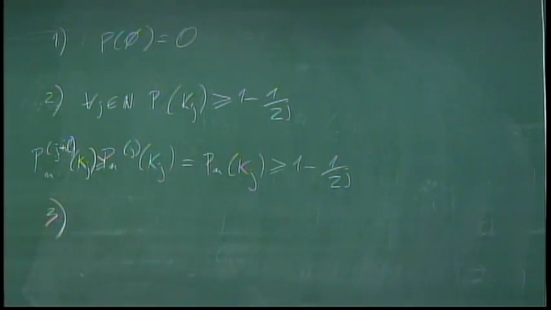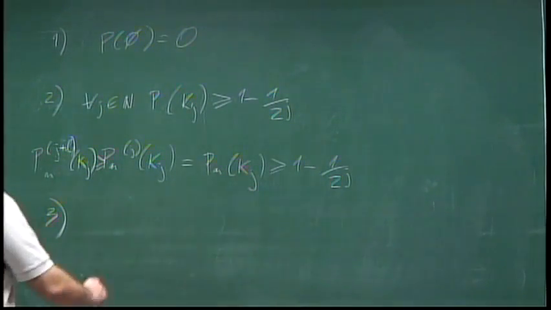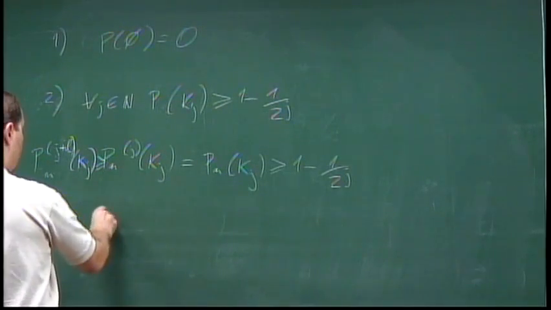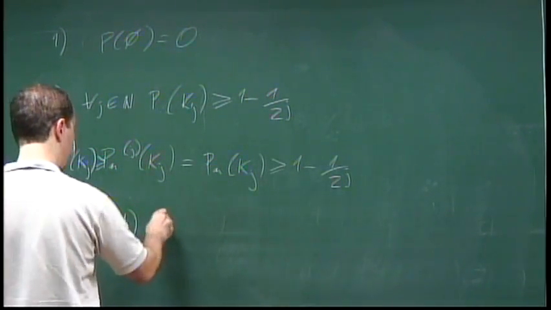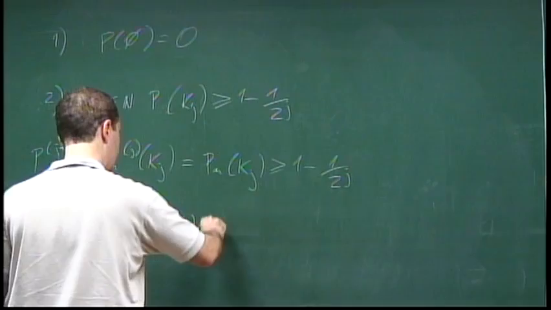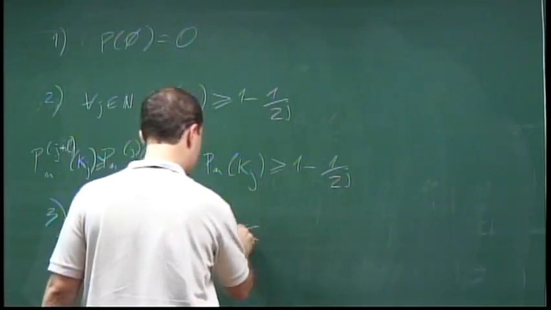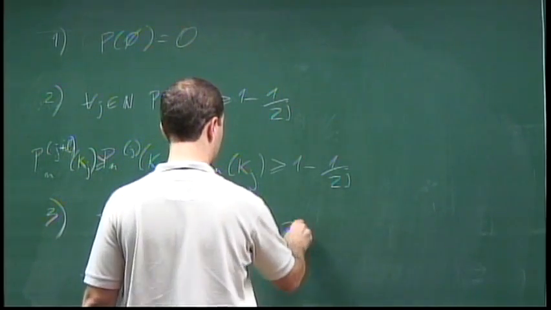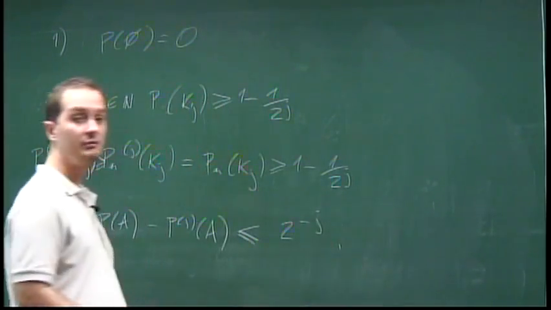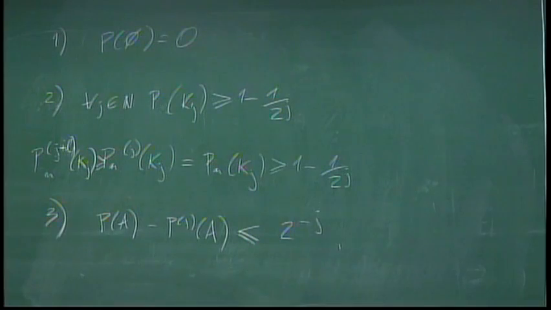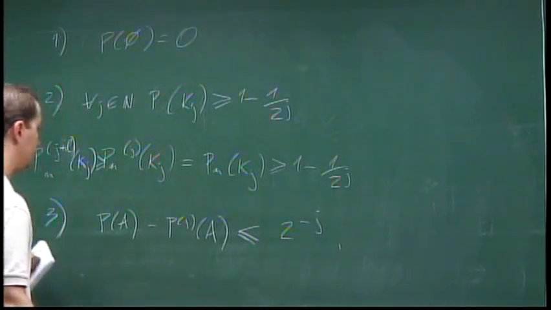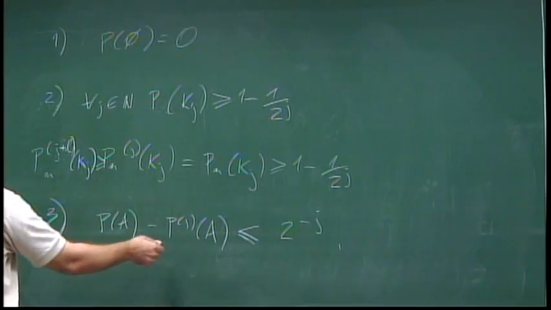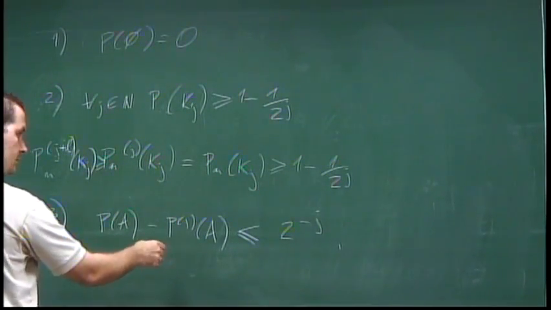And for the same reason, we have that P of A minus Pj of A is always less than or equal to 2 to the minus j. And this is going to be really important. Let's see why that is. Why is this true?